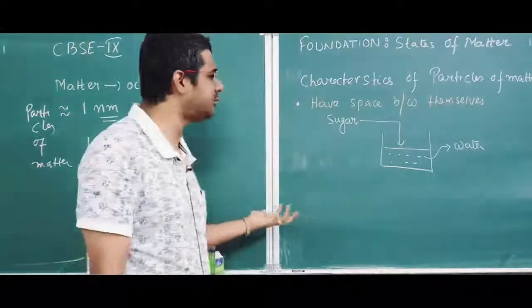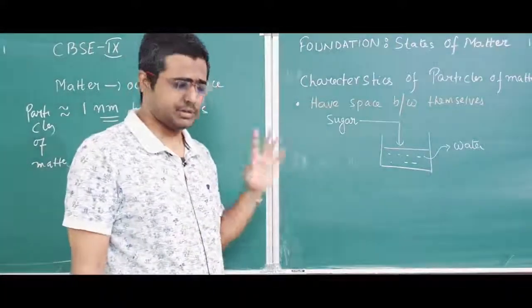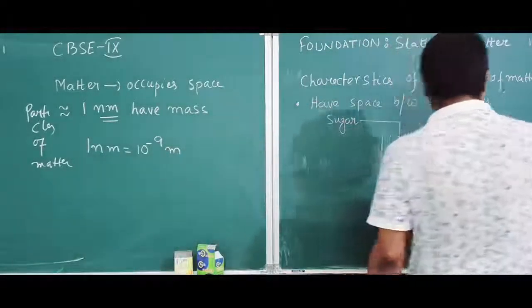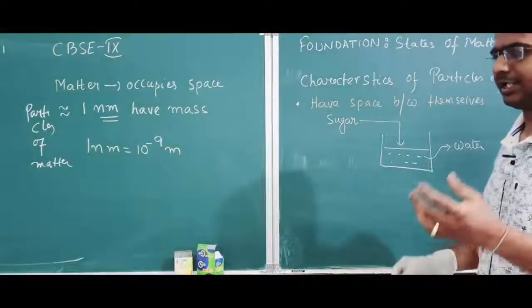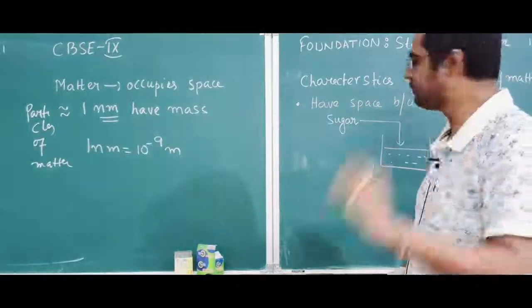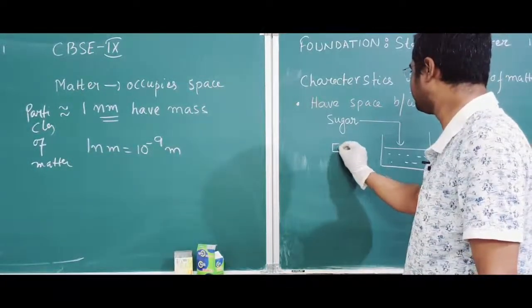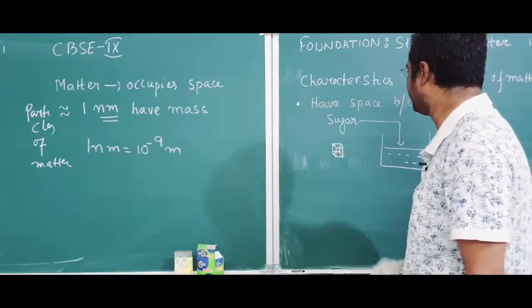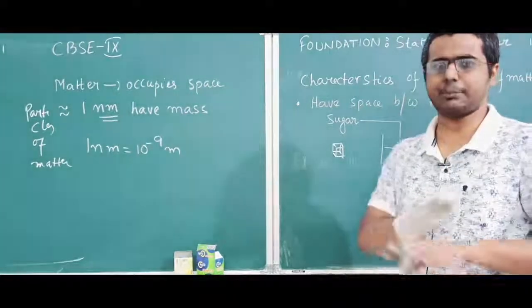So where does this sugar go? First of all, let me tell you what a solution is. There is a big chunk of sugar, say a cube of sugar, a big cube. These cubes are available, big size. You put it in water. This first of all breaks up into particles.